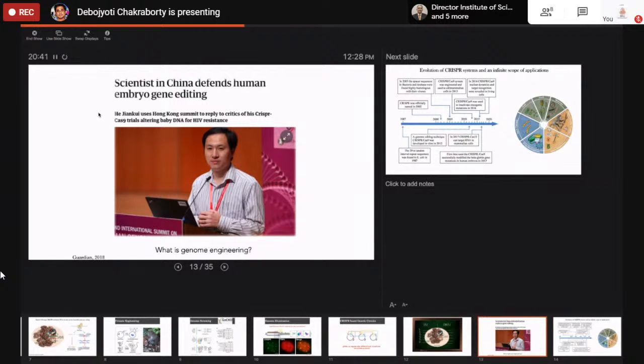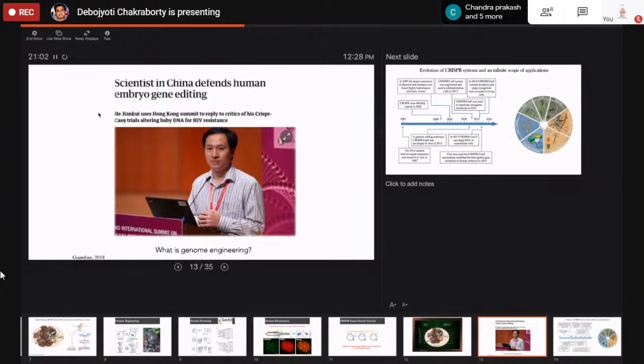I mean, we as scientists often feel that getting rid of this gene might help make you, let's say, resistant to HIV. But the same gene that he corrected would also make these babies exposed to something like the West Nile virus, for example. So these kind of questions are ethical questions, and that's why there is a huge debate. There are international laws, in India as well.